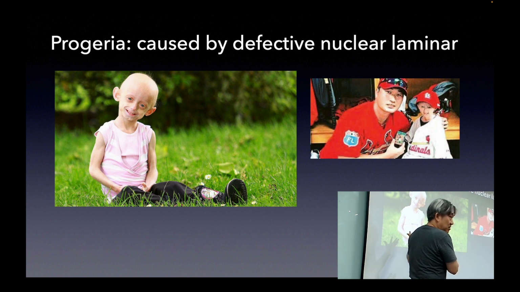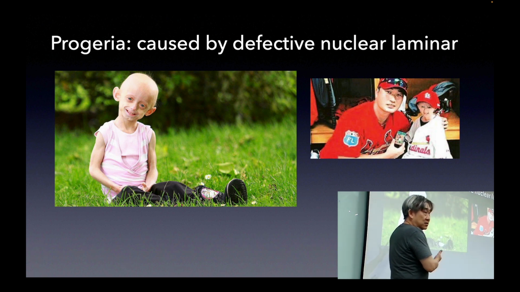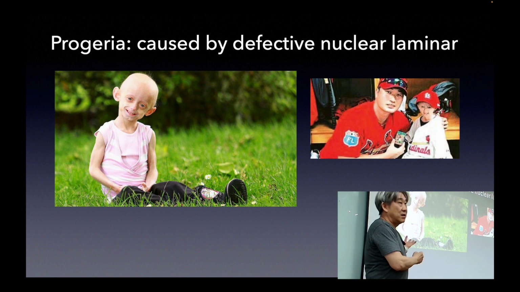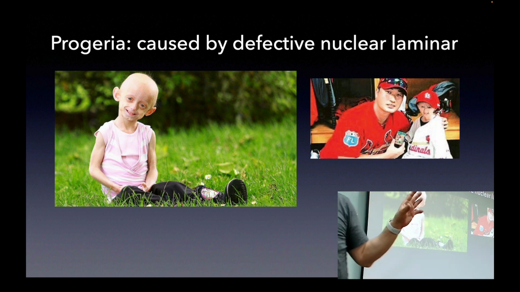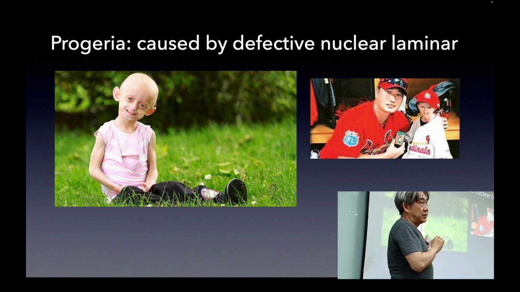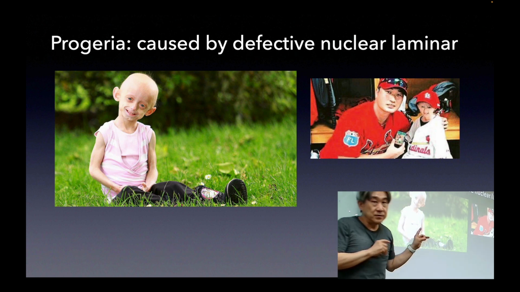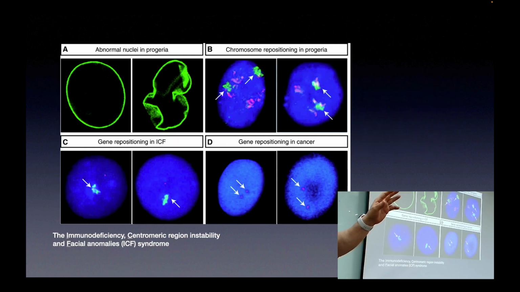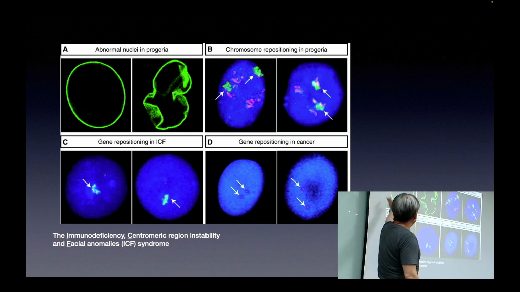Why is this unfortunate illness happening? Because of this disruption of chromatin territories. How did it happen? This is the nuclear membrane, nuclear envelope, I should say more correctly.